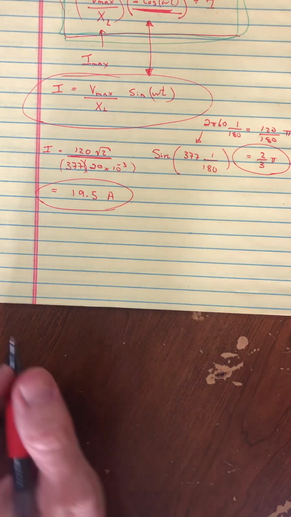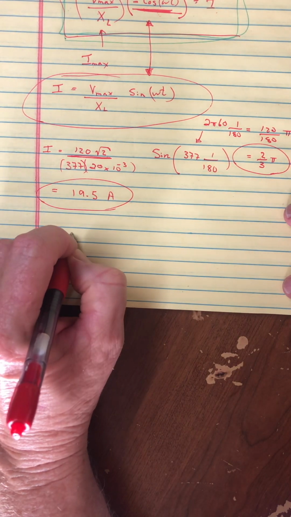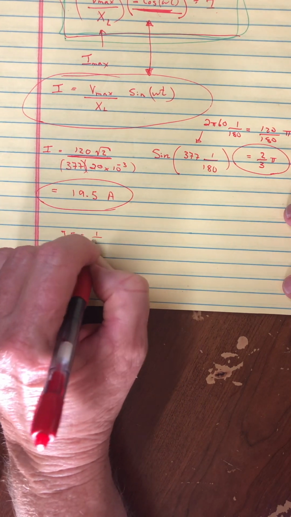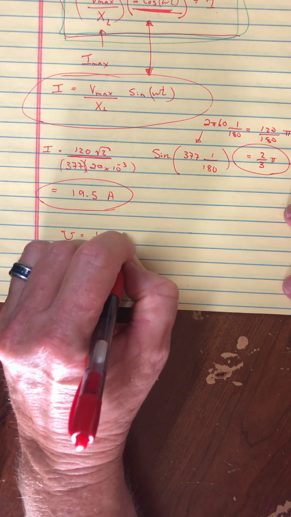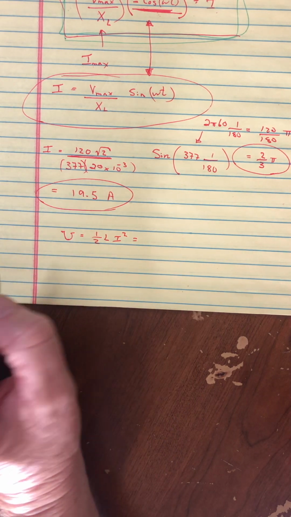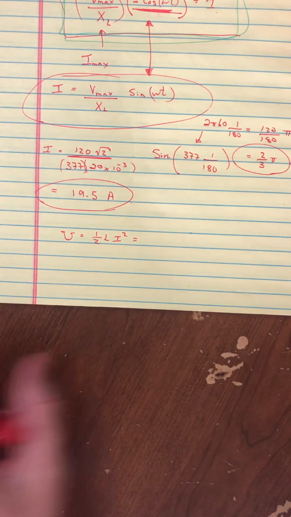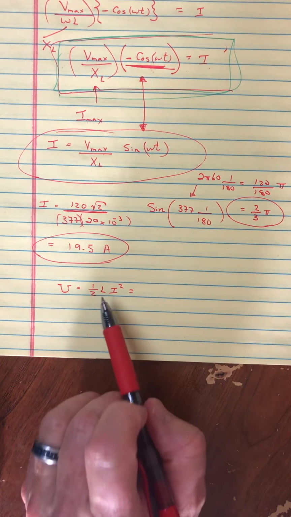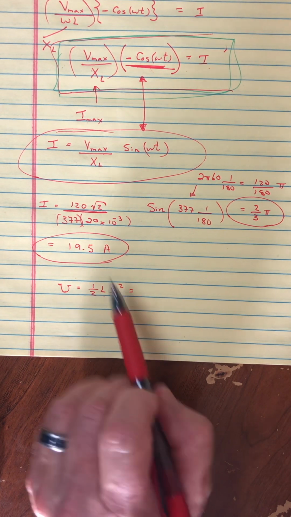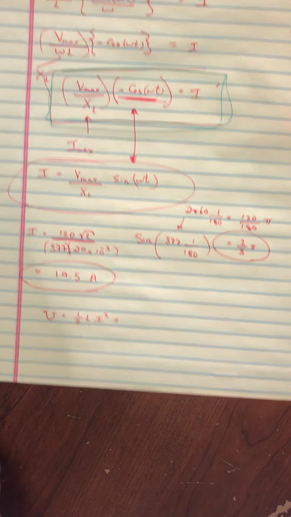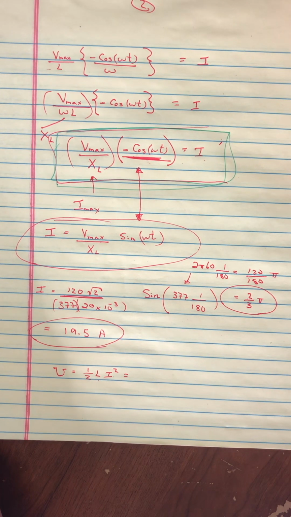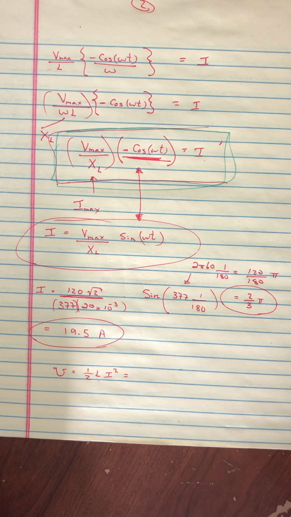All right, so now we can actually finish the problem by just saying it's 1/2 L i squared. And so, if anything is challenging about this problem, it's not directly calculating the energy, it's about the current and the timing of the current, because it changes with time, and then their definition of when time equals 0.